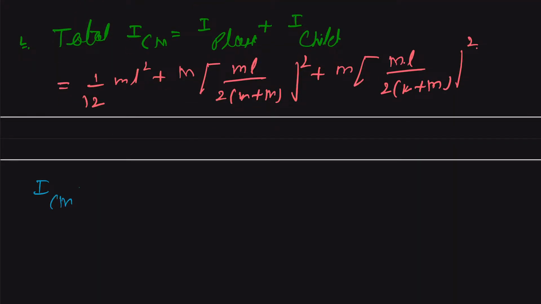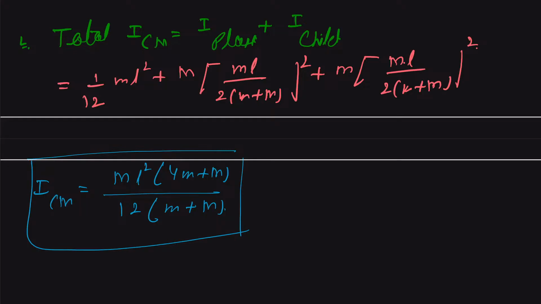So I can say that my ICM will be equal to M L square, 4m plus capital M, divided by 12 times m plus capital M. So this is the moment of inertia of the system about the system's center of mass.